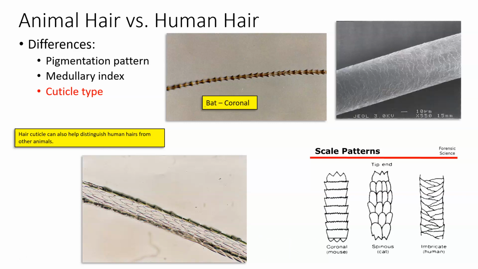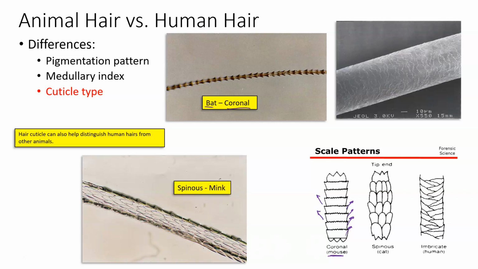Different animals, like a bat, have different cuticle types. The bat has what we call a coronal cuticle type, and it essentially looks more like a feather, where they kind of flare out a lot. Now, a mouse is also coronal, so a bat and a mouse are just both examples of animals that possess this type of scale pattern or cuticle type.